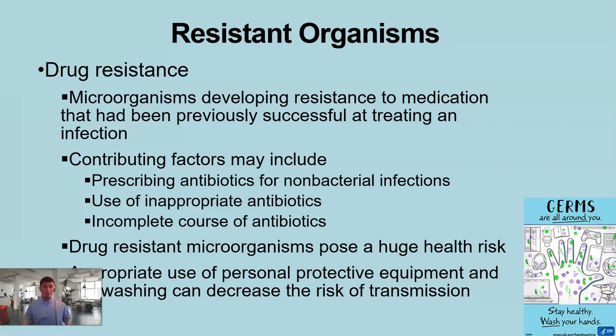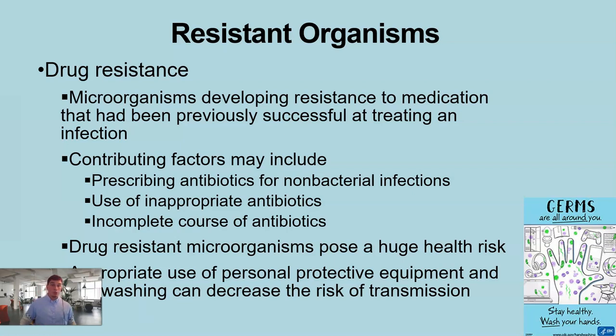So a microorganism is considered resistant if replication cannot be stopped by 2 or more antibiotics sequentially or simultaneously. So if 2 antibiotics are given at the same time or 2 antibiotics back to back, that microorganism is considered resistant if it can replicate in conjunction with 2 antibiotics.